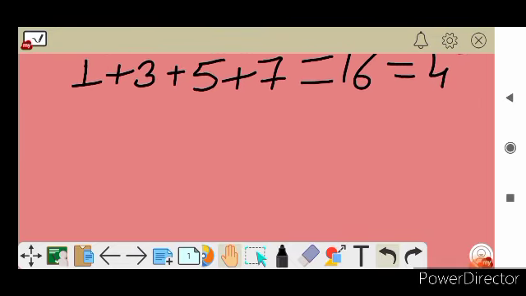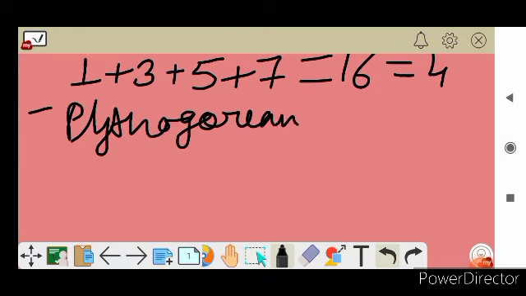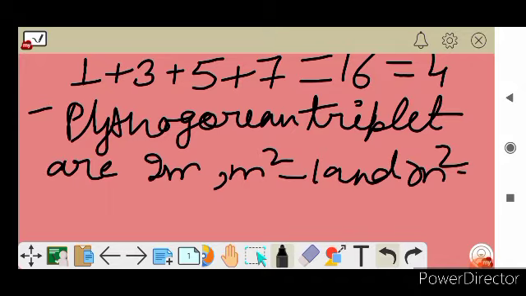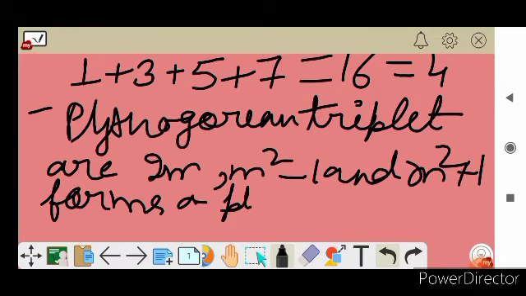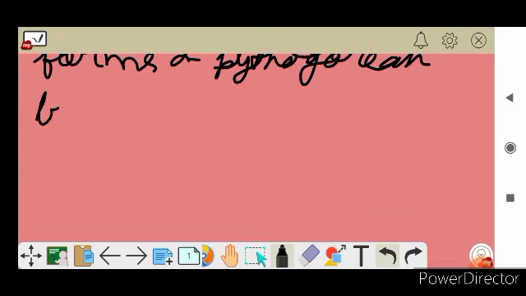And next is Pythagorean triplet. 2m, m square minus 1 and m square plus 1 form a Pythagorean triplet.